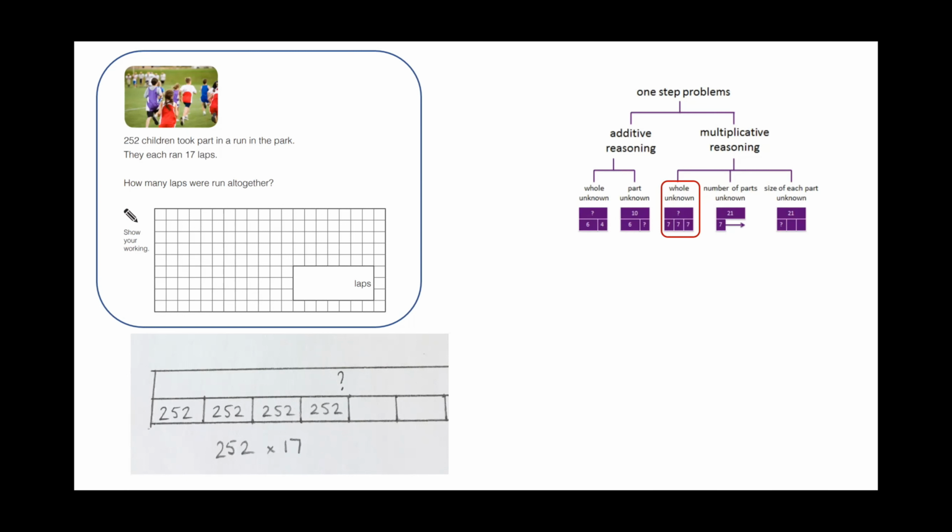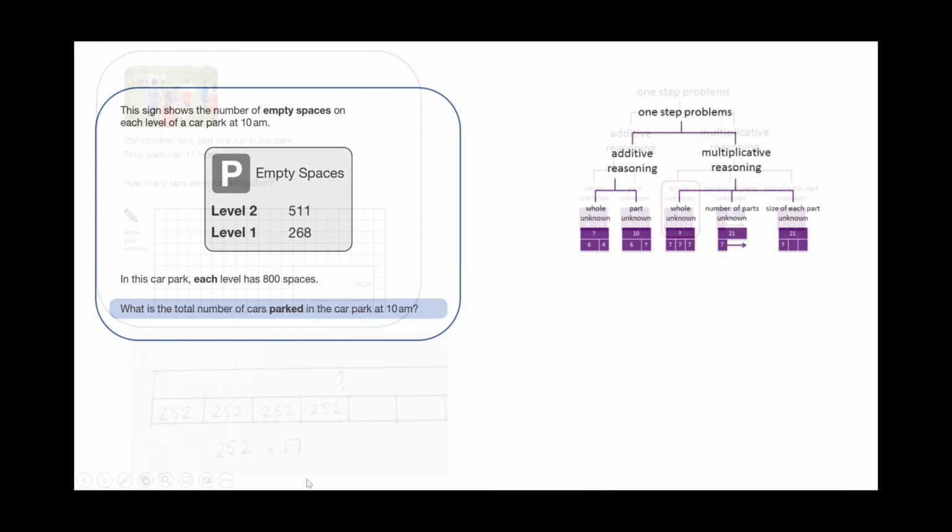Here I know the parts, that there are 252 children who take part, and that each child runs 17 laps, but I don't know the total. I know there are equal parts of 17, and that 252 children run each one of those laps. So I've got 252, 17 times. I've started to draw a bar model. However, I've recognised that actually this has now supported me to understand the structure. I know what arithmetic procedure I need to do, and it's long multiplication.